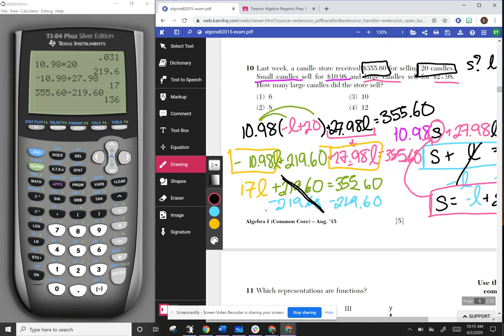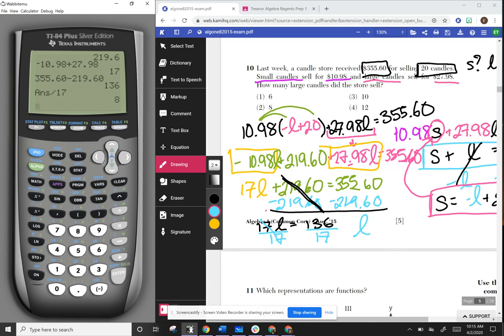So this is going to cancel out. We get 17L equals 136. And now we can divide both sides by 17. So 136 divided by 17 gives us L equals 8.